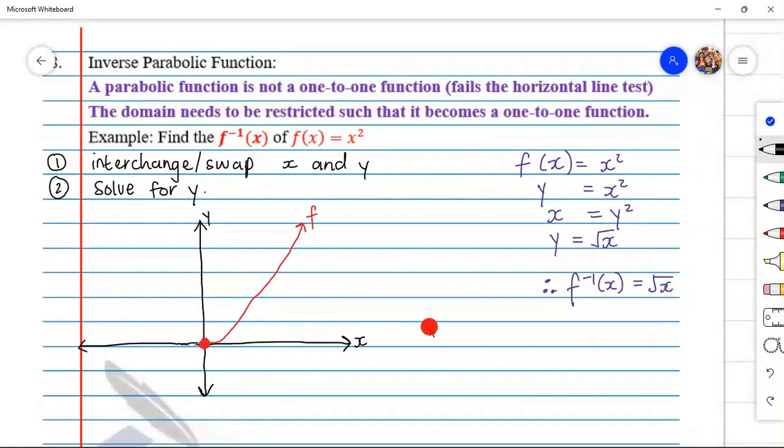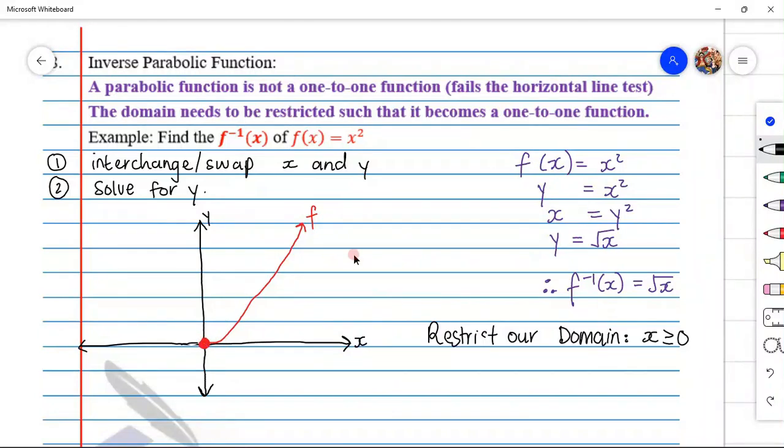So we're going to restrict our domain to x greater than or equal to 0. This means all of the positive x values and 0. Now that will give us an inverse function of this parabolic function.